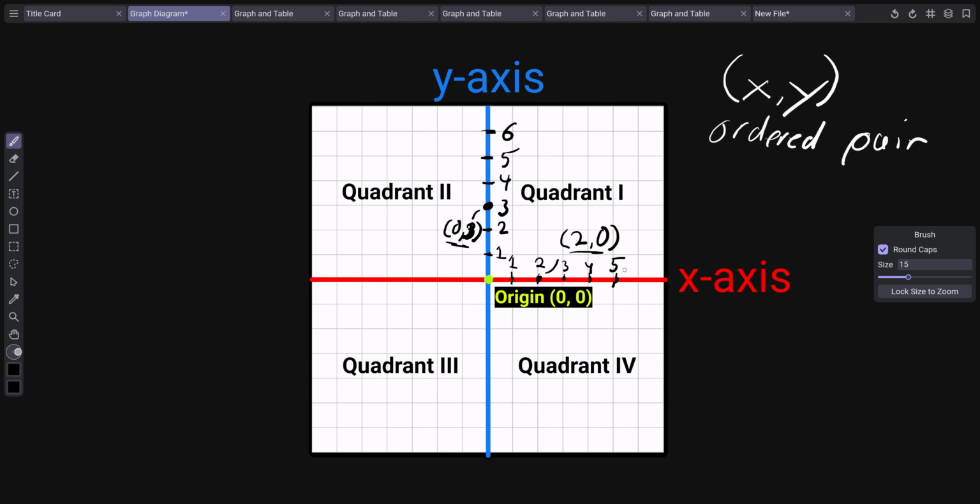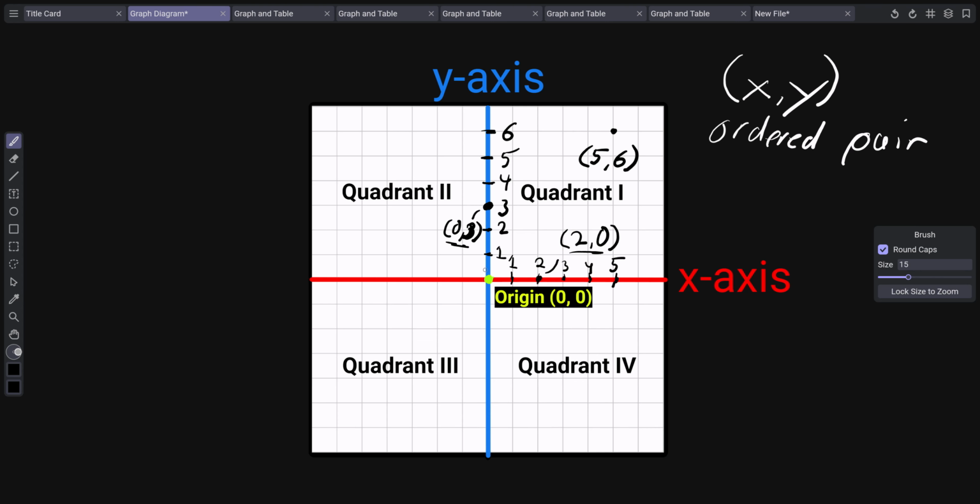So 5 steps to the right and 6 steps up, that would fall here. And then this point would be 5, 6. So you could use more than one at any given time.